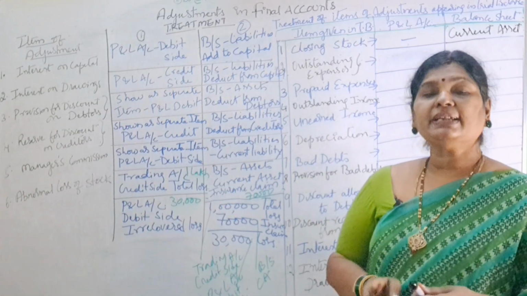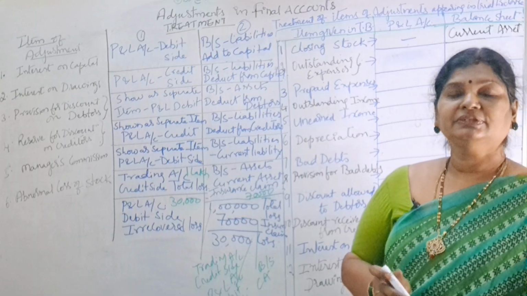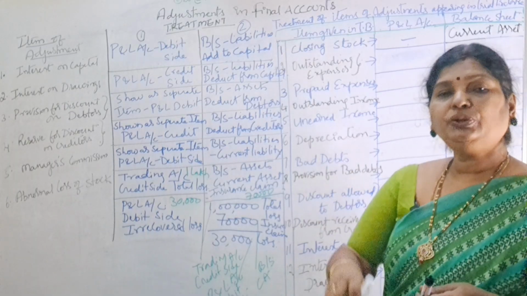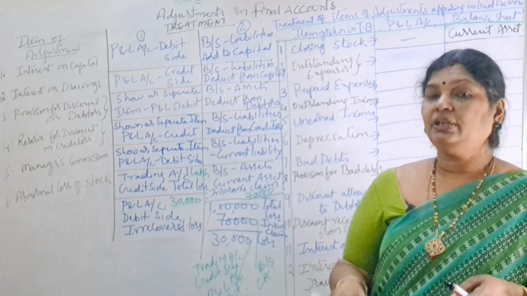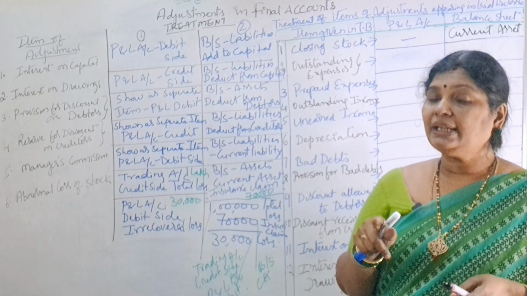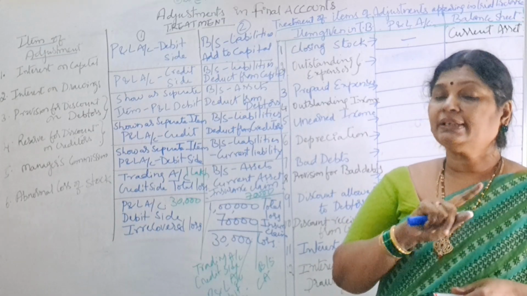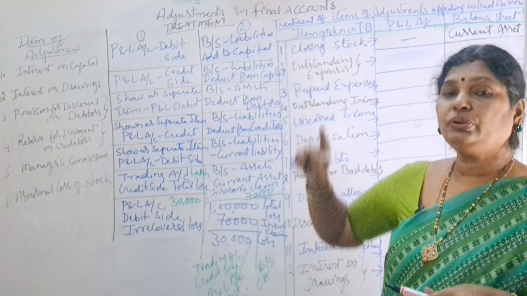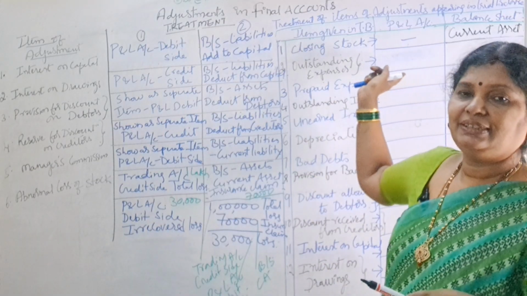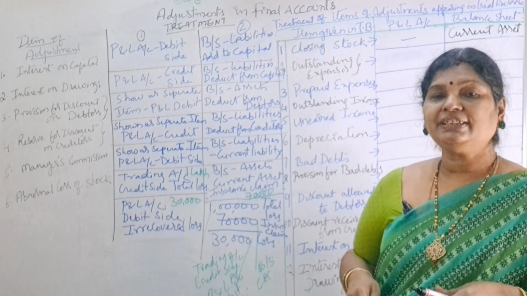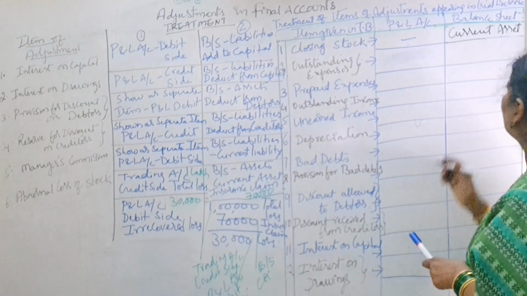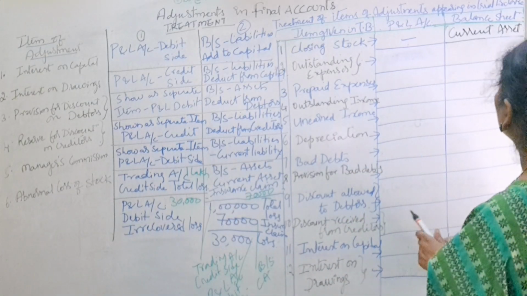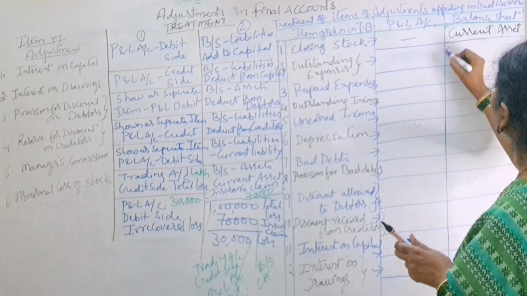If outstanding expenses are given, where you will write? Generally you will add to respective expense in profit and loss account or trading account. But here it is given in trial balance. So remember, we should not write in profit and loss account. Go to balance sheet. Where you will write under balance sheet? Current liabilities. So go to balance sheet and write as current liability.